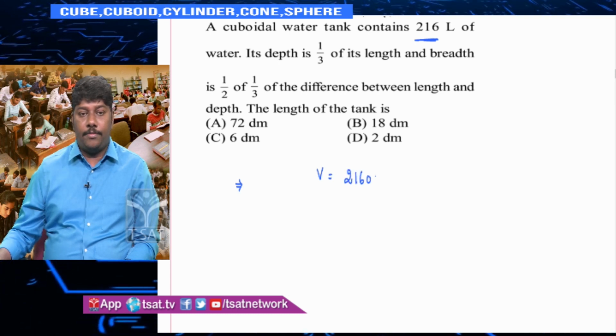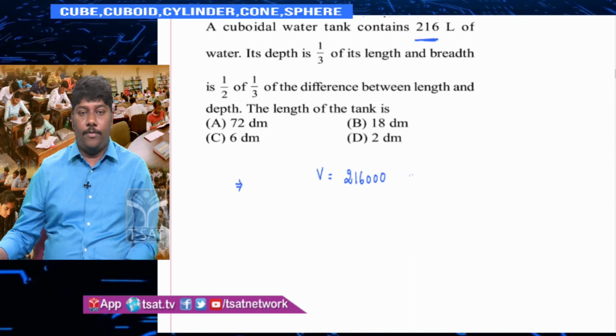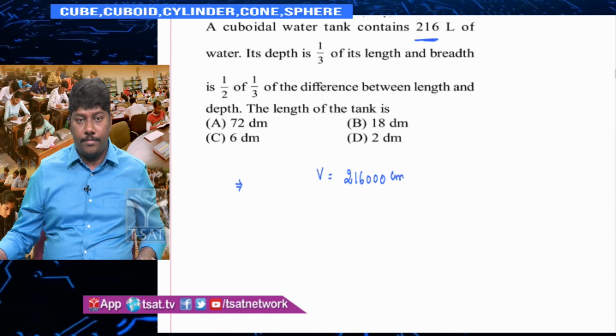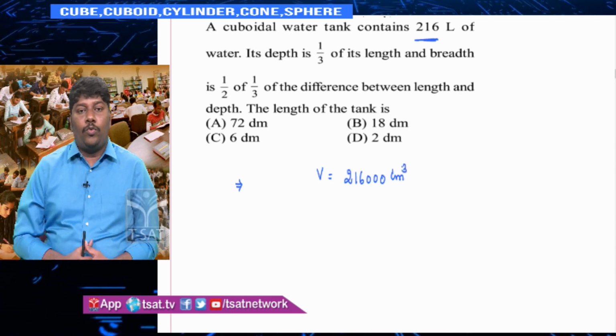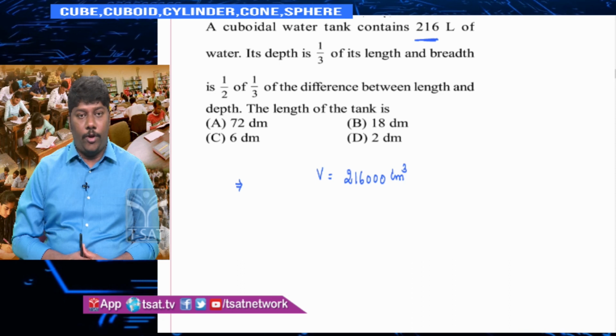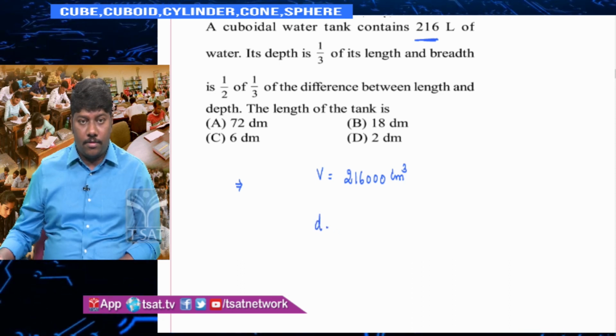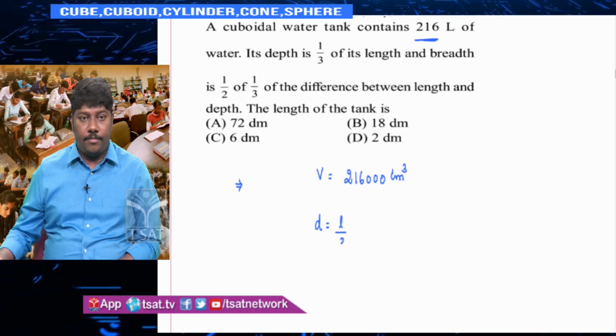1 liter is 1000 centimeter cube. So 216,000 is the volume. Its depth is 1/3 of the length, so length by 3.